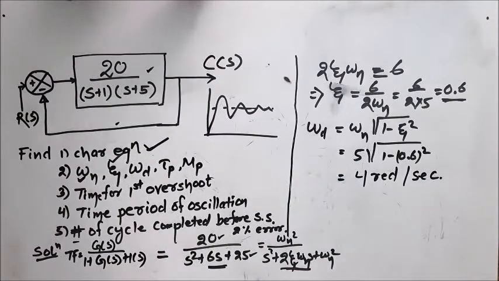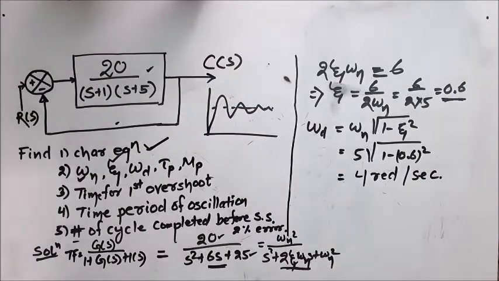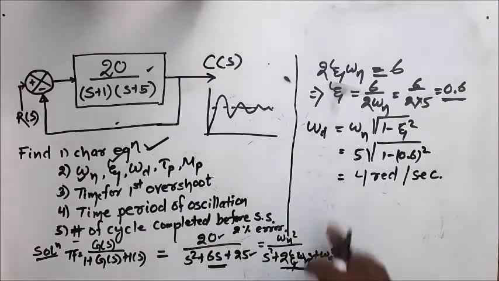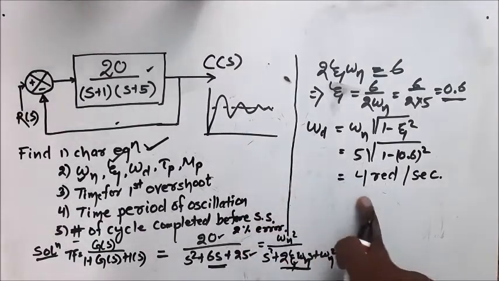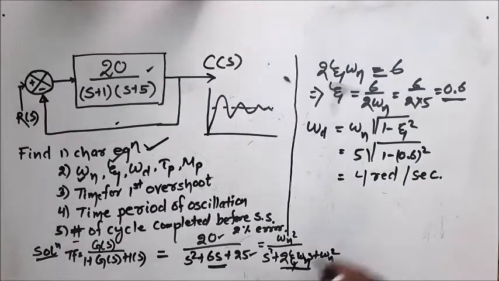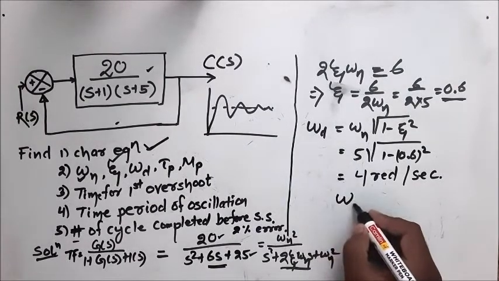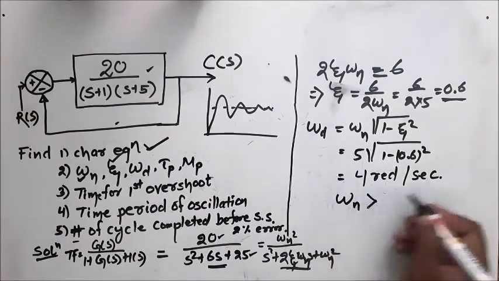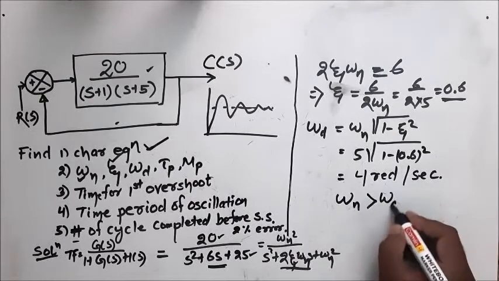So previously we found omega n is 5 radian per second, and here omega d is 4 radian per second.